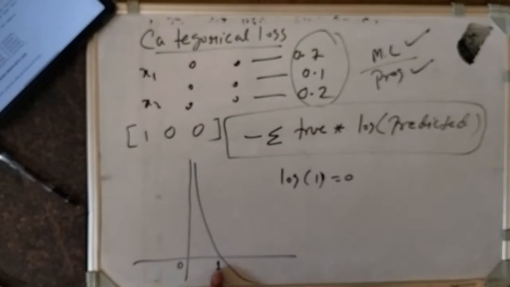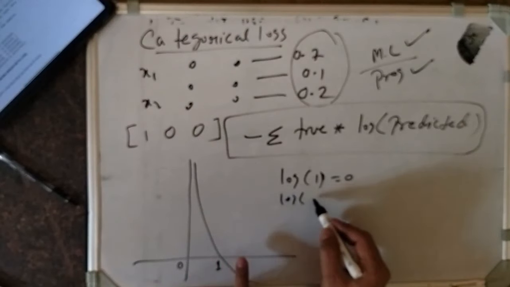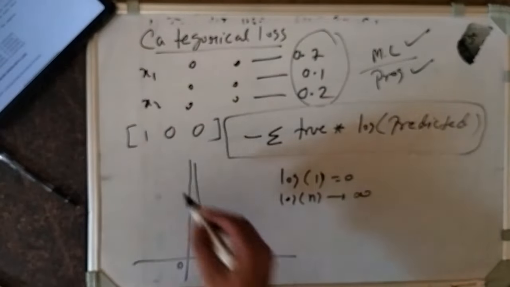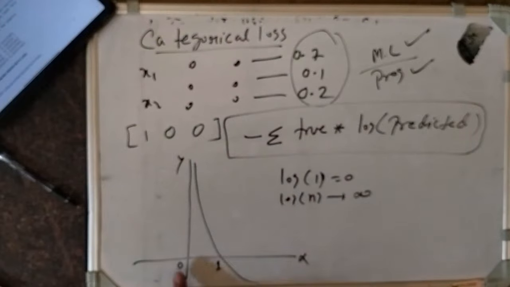So whenever we are increasing x, the log is going to infinity. This is the y-axis, this is the x-axis. If you are increasing x, then it is going to infinity.